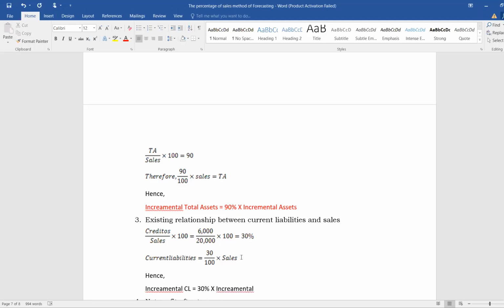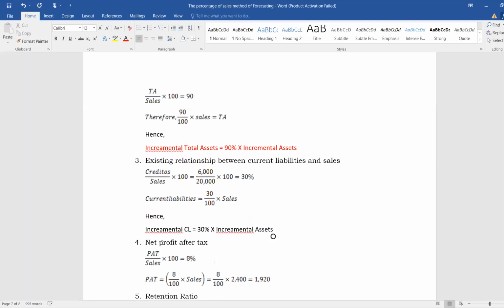You know, the approach is based on the assumption that a direct relationship exists between assets and sales. A direct relationship exists between current liabilities and sales. That's why we are doing this, ladies and gentlemen.